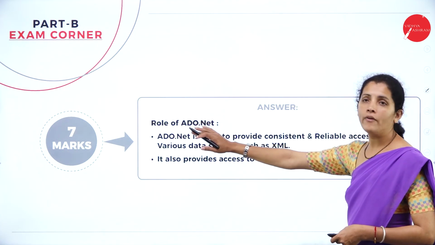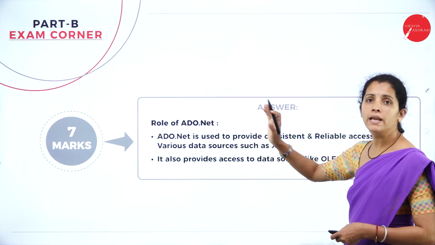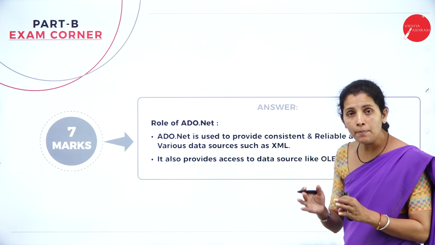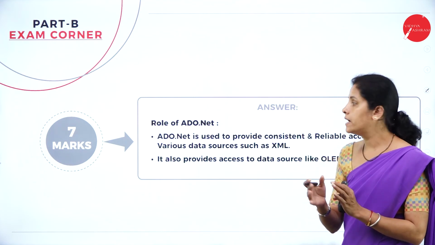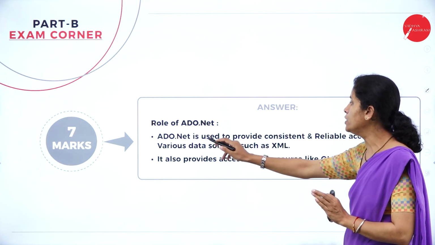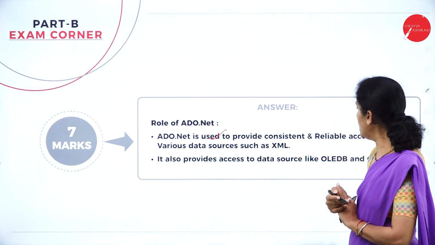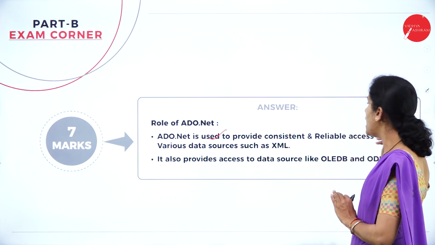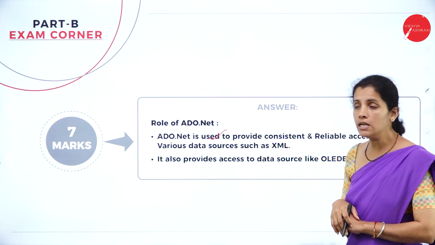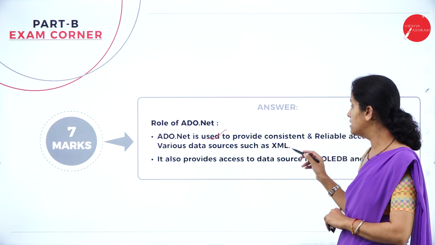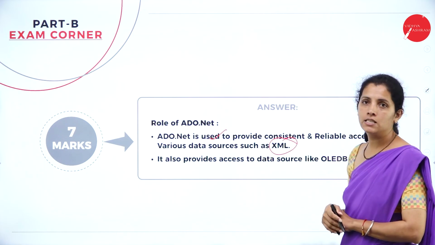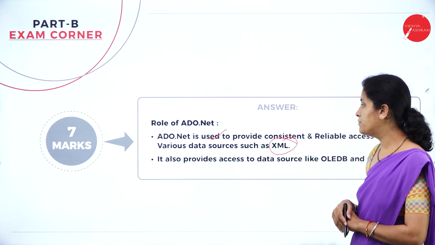The role of ADO.NET is mainly used to establish connection between application and database. So, it is mainly used to provide consistent and reliable access to various data sources like XML files. That is nothing but extensible markup language files.